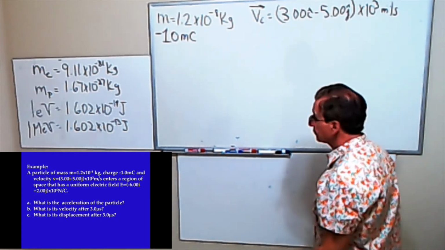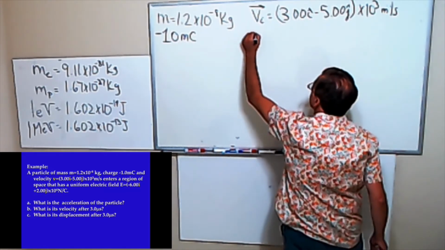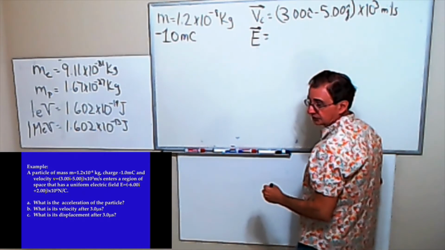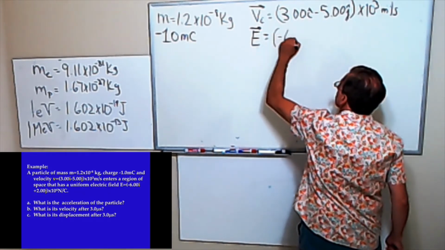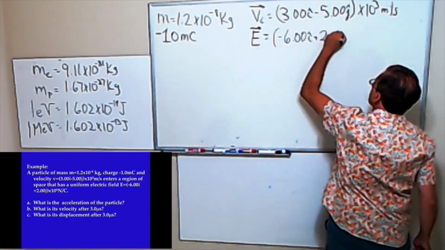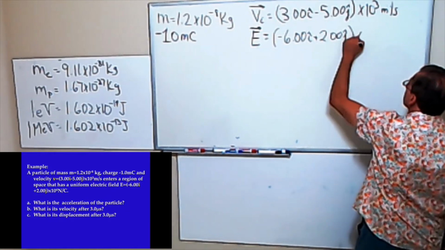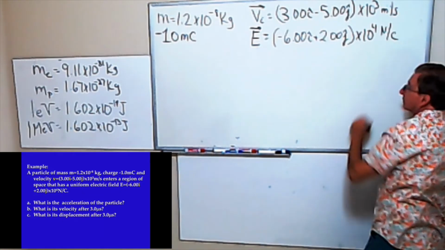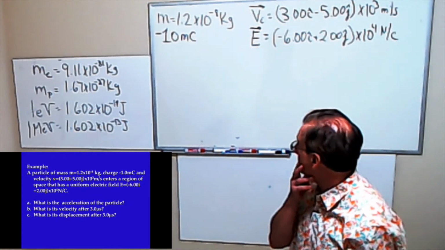And it goes in a region of a uniform field where E is given by minus 6I hat plus 2J hat times 10 to the fourth meters per coulomb. I want to know the acceleration of the particle.